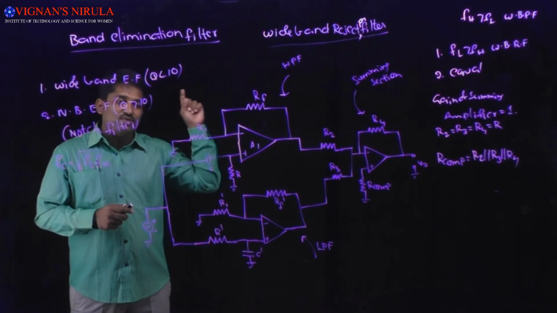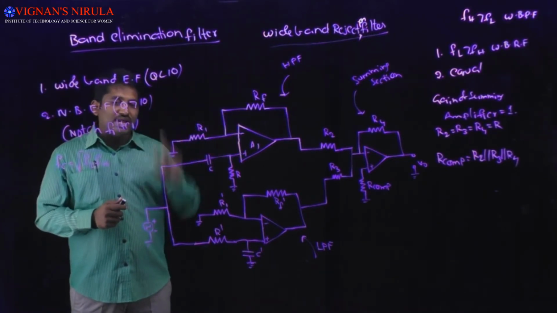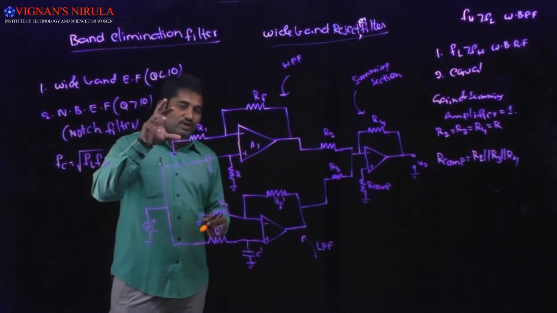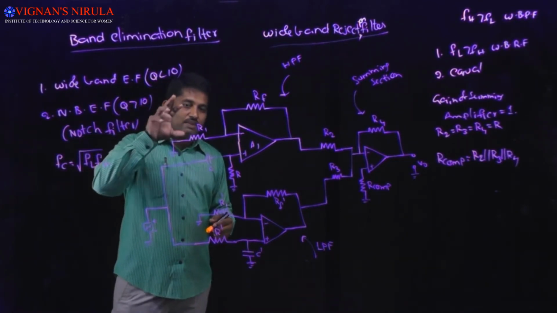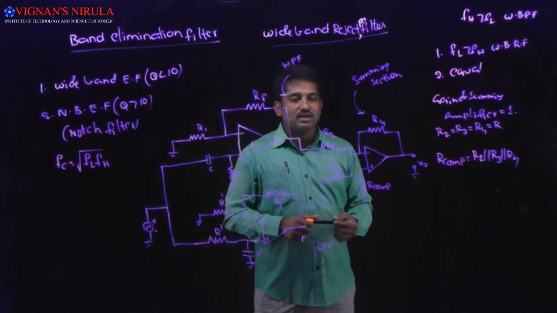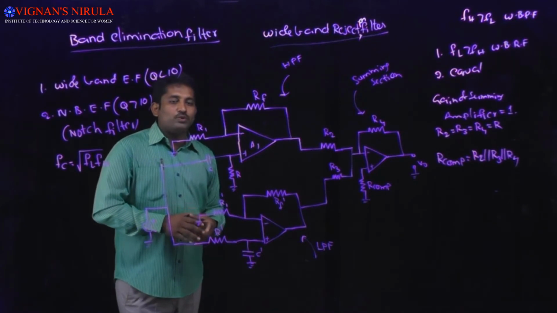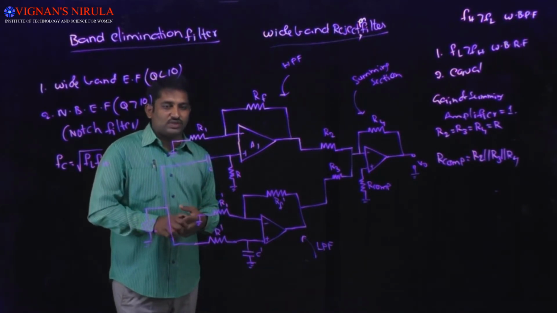But while writing in the exam, you have to write the magnitude functions of both the high pass filter and low pass filter. Those will be applied to the summing amplifier, and from there we calculate the output voltage of the wideband rejection filter.